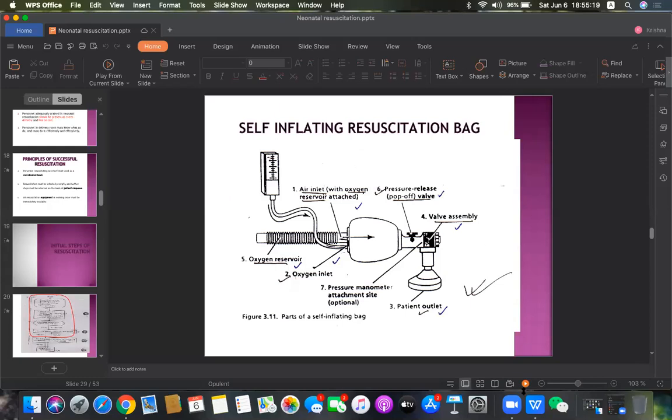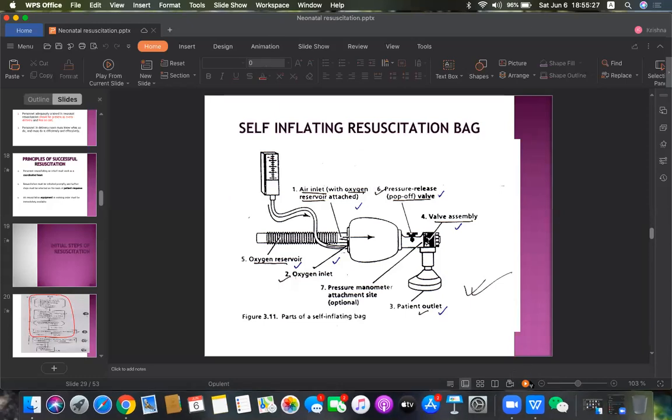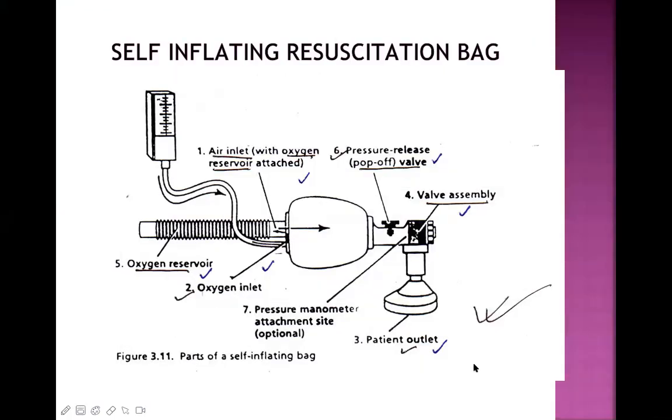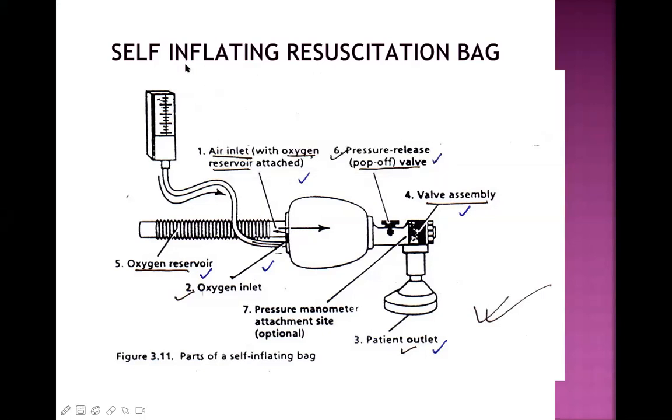Now see here, look at this picture. This is called a self-inflating resuscitation bag. Now see here, this is the oxygen source which is coming from the wall.